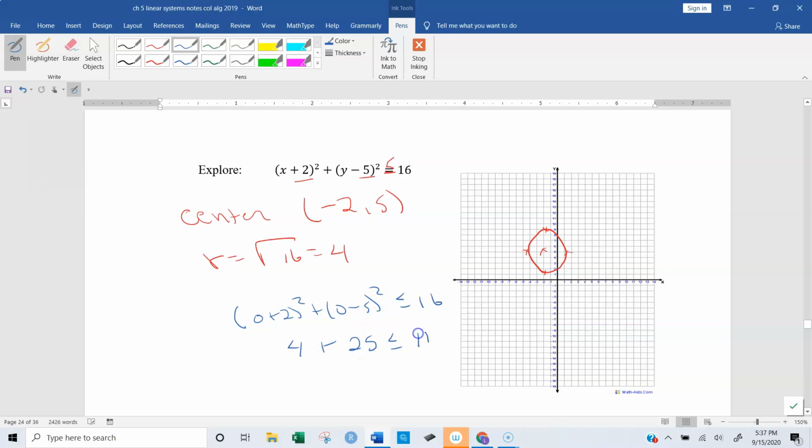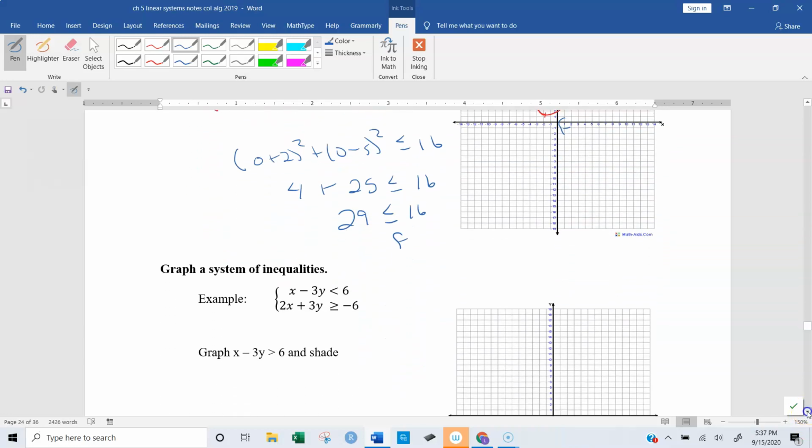Is that less than or equal to 16? And this is a false statement. 29 is not less than 16. So that means the outside of the circle is false, and we are going to shade on the inside. I hope you did a good job. I hope you remembered your circles with your HKs.